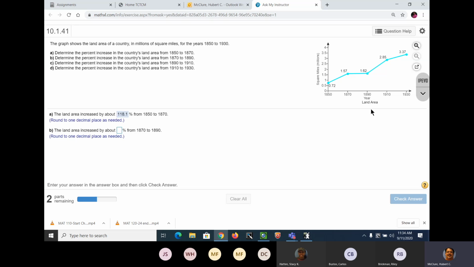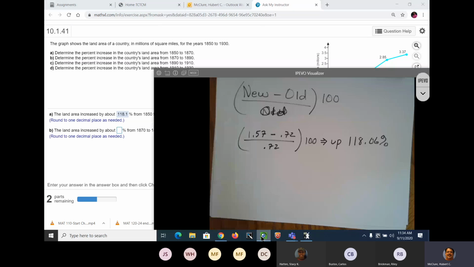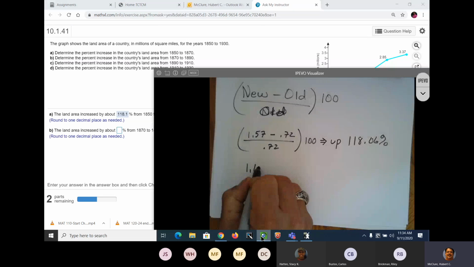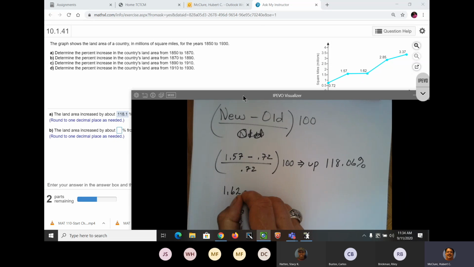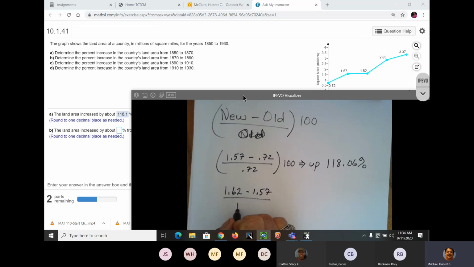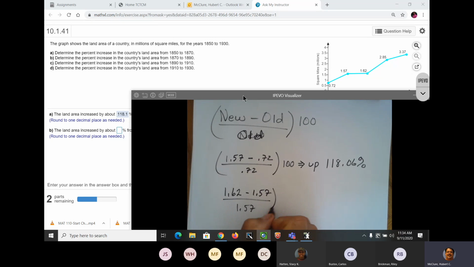All right, let's do 1870 to 1890. New is 1.62 minus 1.57 over 1.57.